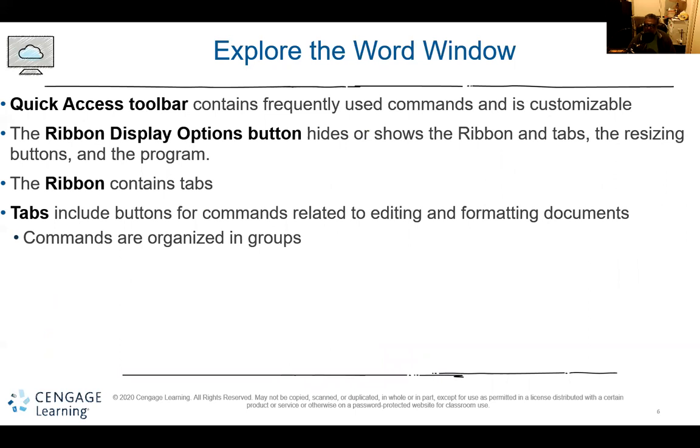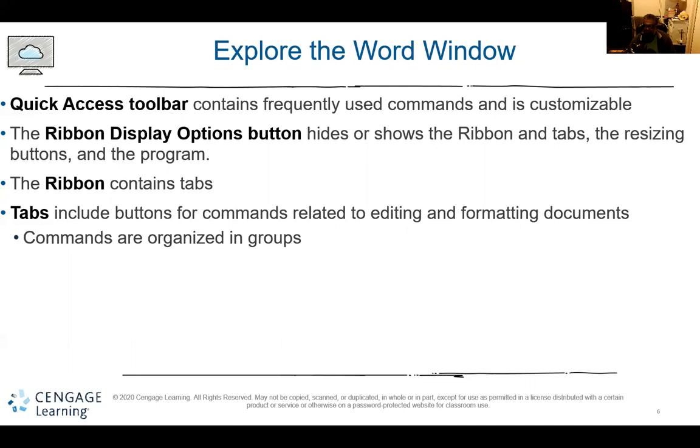The Quick Access Toolbar contains frequently used commands and is customizable. The ribbon display options button hides or shows the ribbon and tabs, and the resizing buttons for the program. The ribbon contains tabs.